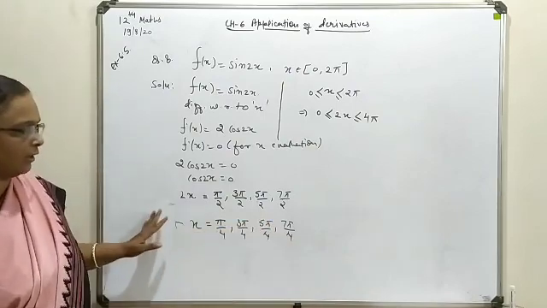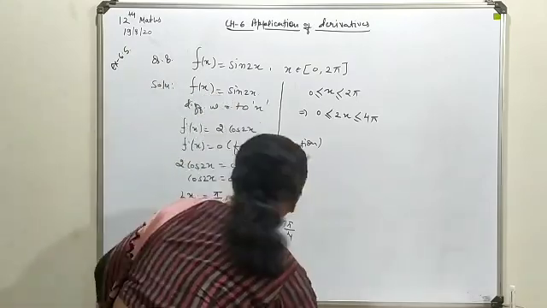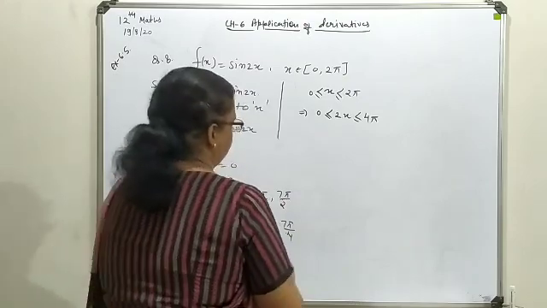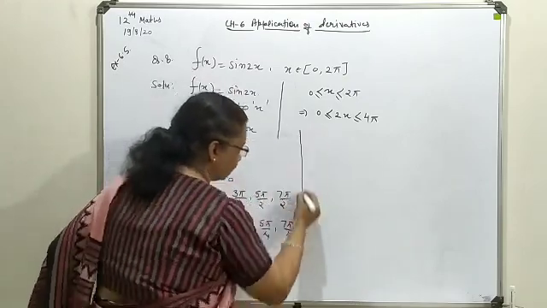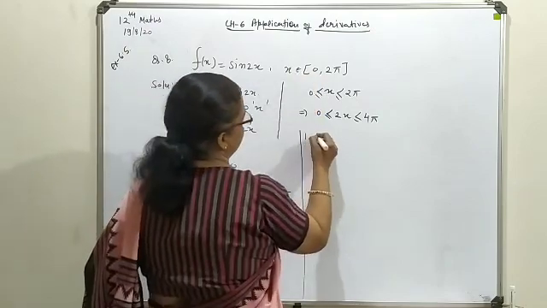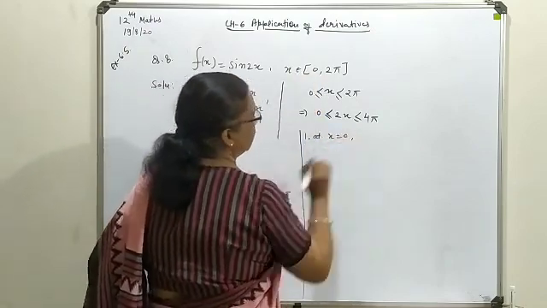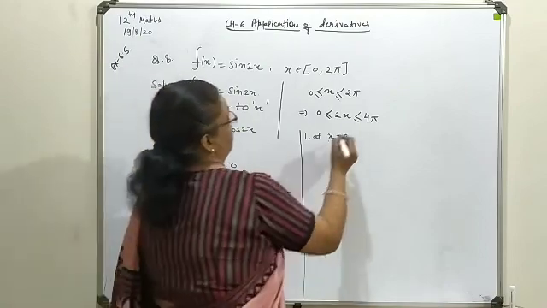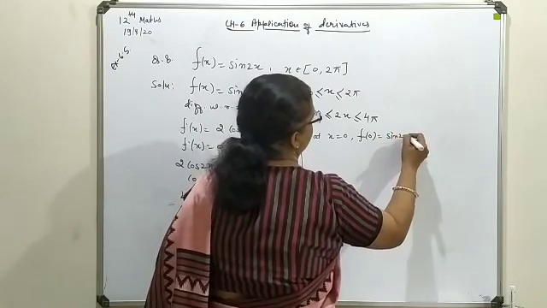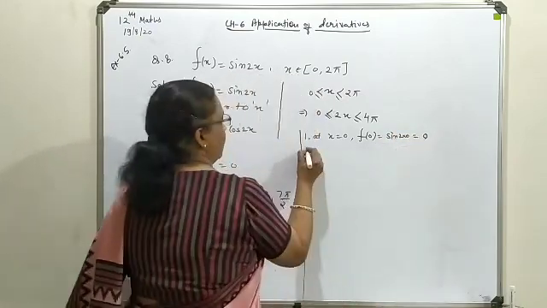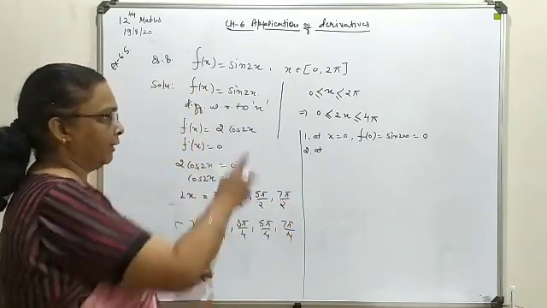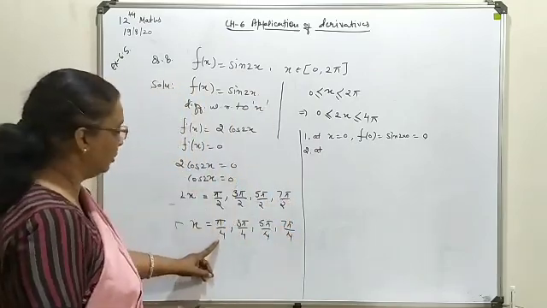So let's start with the evaluation of the solutions one by one. Let's start with the first one, the least value, at x is equal to 0. f(0) means sine 2 into 0 will give you 0. Secondly, you start with all these values, and at last you will end at 2 pi.